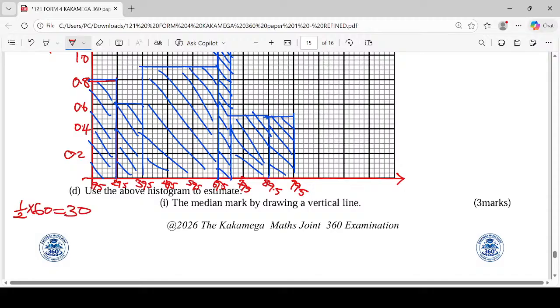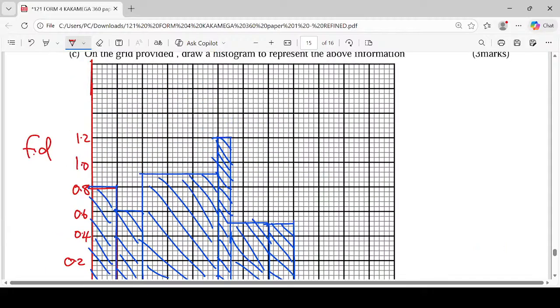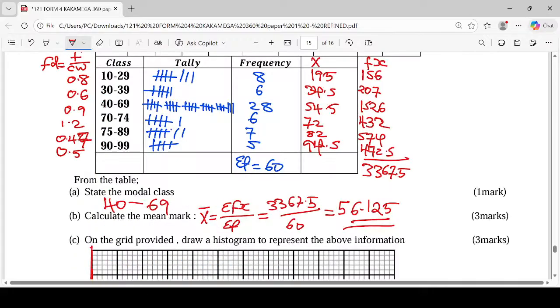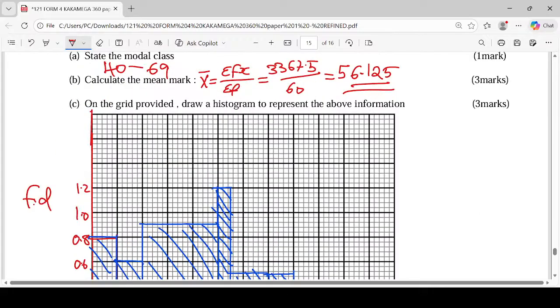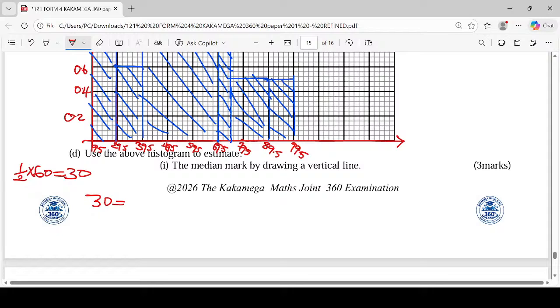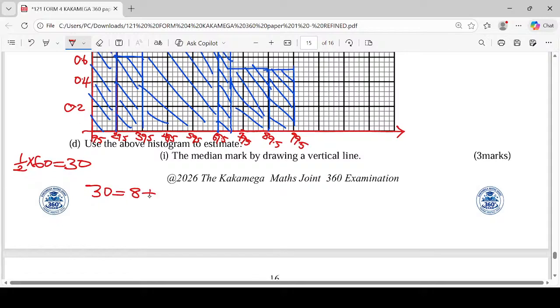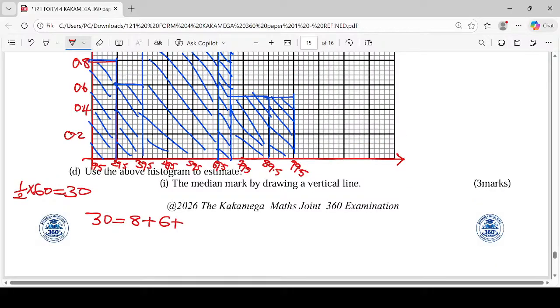So we are going to calculate the areas of each. In the first bar, the frequency is 8. In the second bar it is 6, that is 14 plus.